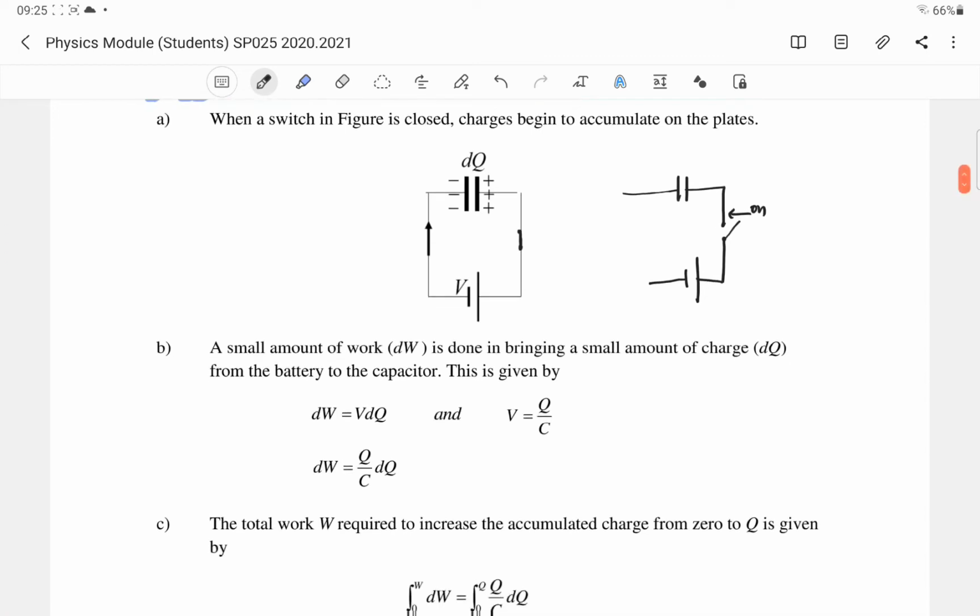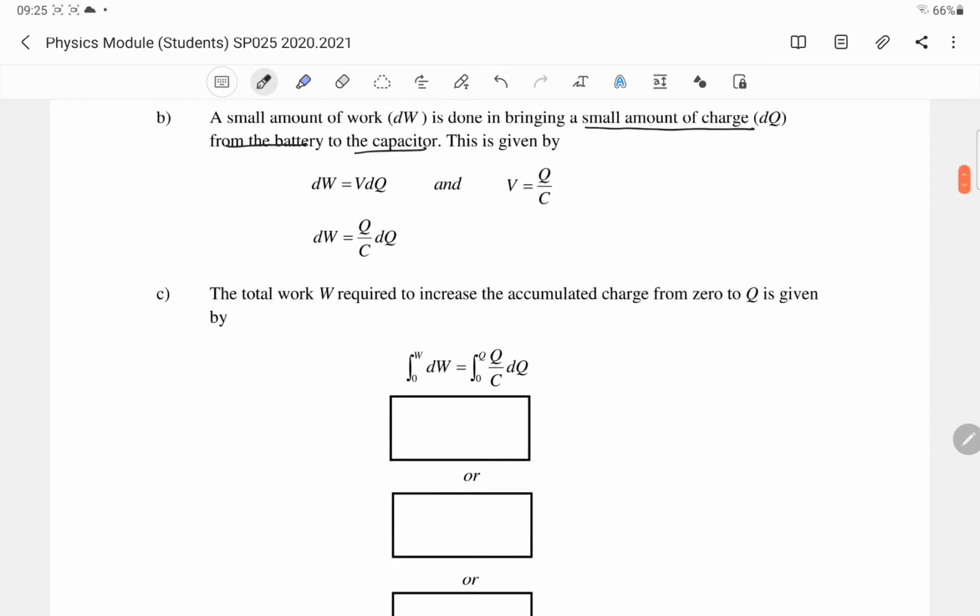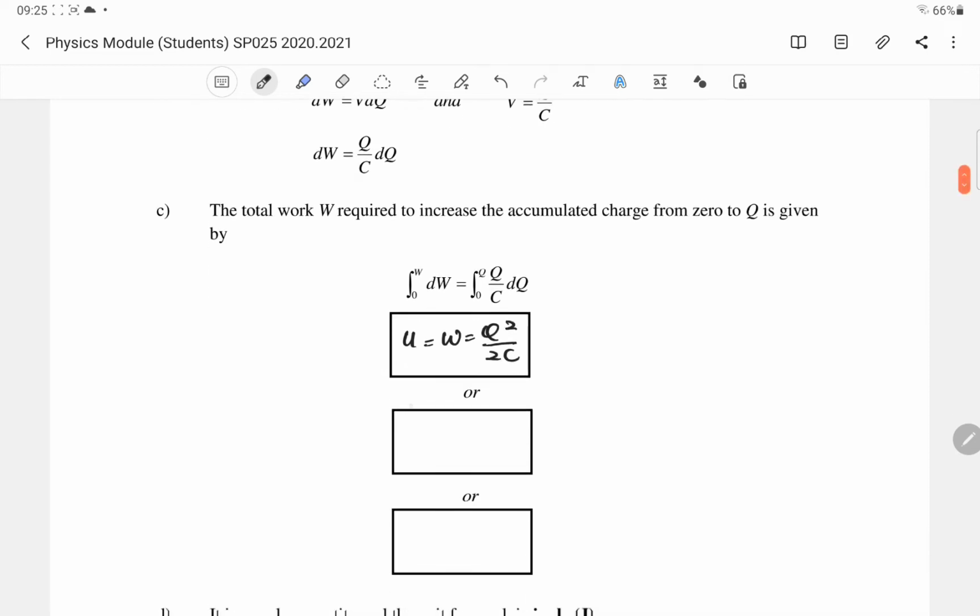circuit. Alright, and then a small amount of work is done in bringing a small amount of charge from the battery to the capacitor. That is given by dW equal to V dQ, and V is equal to Q over C. Alright, so when do the integration, you will have U, okay, U is equal to W equal to Q squared over 2C, or you can have U is equal to W equal to half CV squared, ataupun U equal to W equal to half QV.